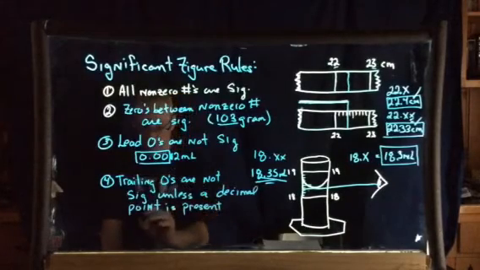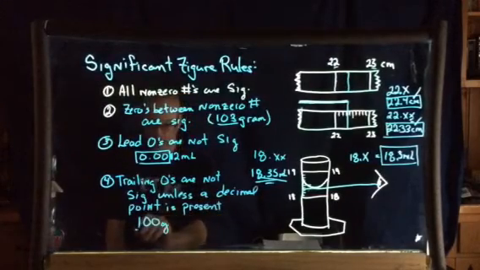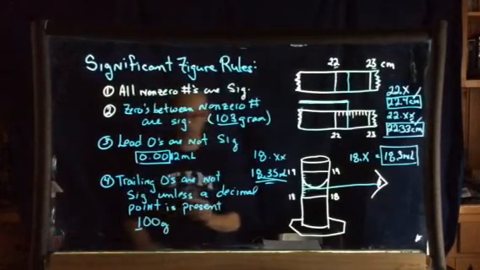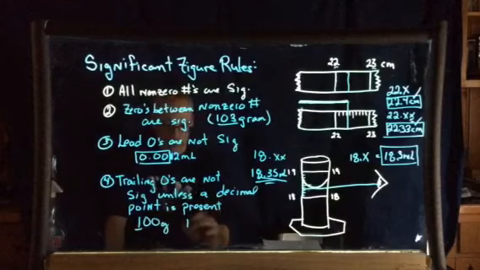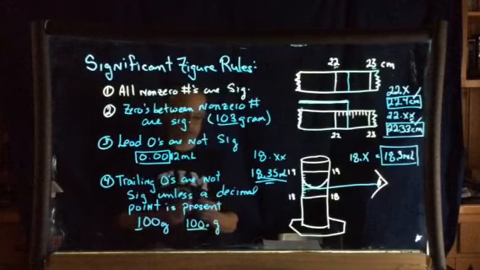So for example, if we have 100 grams, no decimal point, there's only one significant figure. If I have 100 with a decimal point, now it is measured to 3 significant figures.